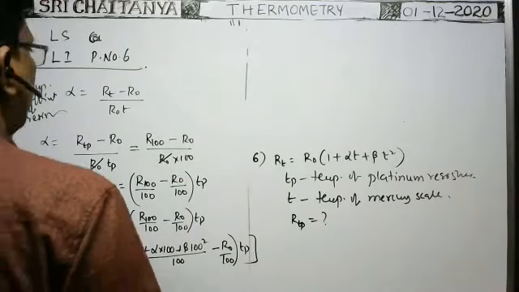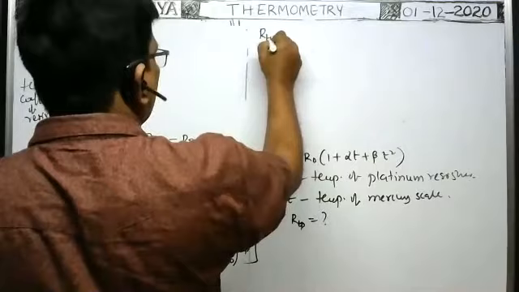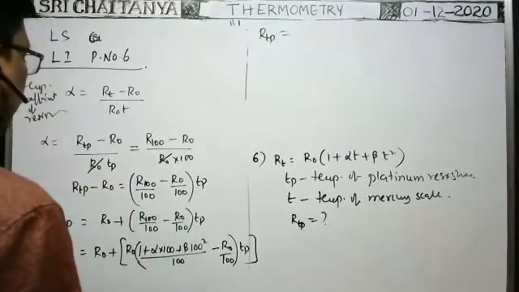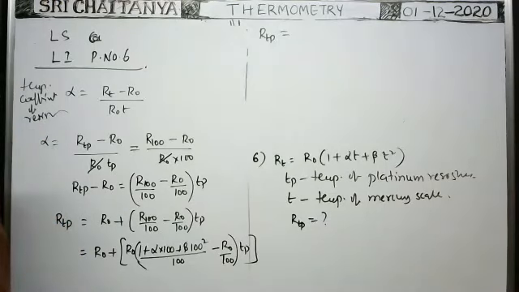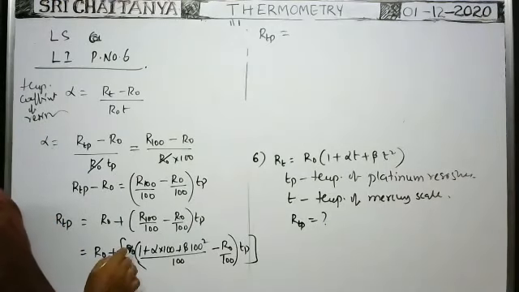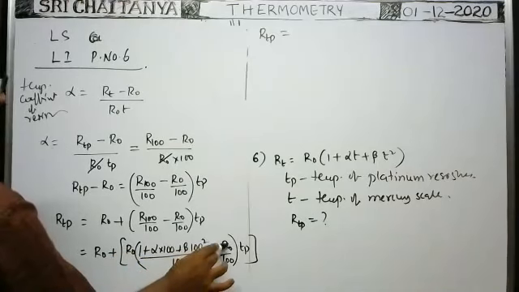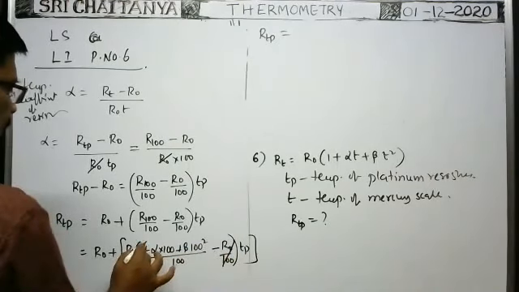Okay, now RTP is equal to... you will see R0 by 100 minus R0 by 100. These two can be cancelled now.